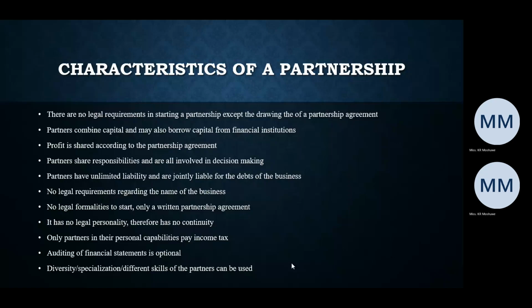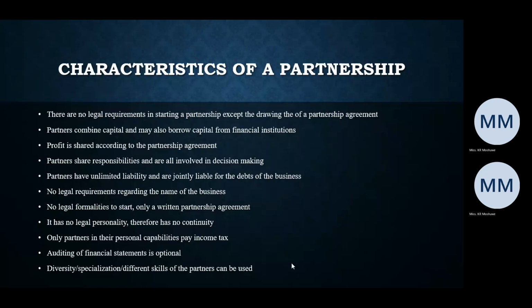Only partners in their personal capacities pay tax. So there really aren't tax implications, especially if you can't afford any. But those partners who are capable of paying tax, depending on how much they earn, may do so. Another partner who is unable to pay tax is not subjected to doing so.